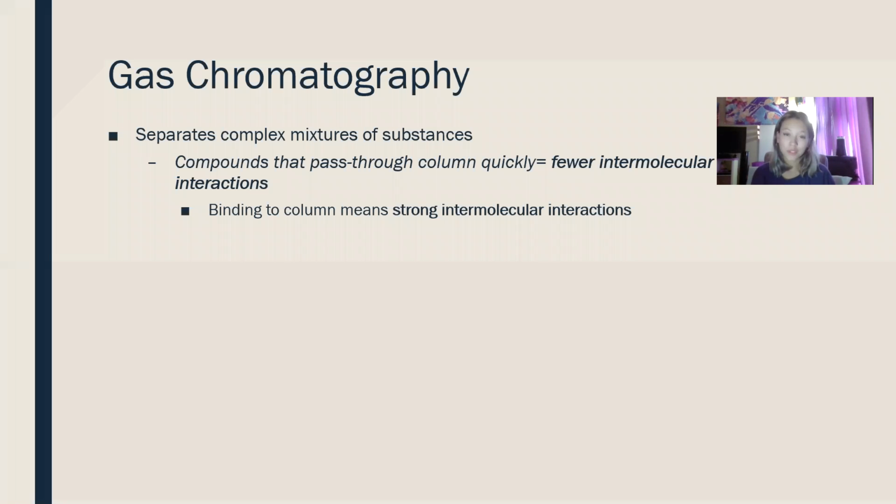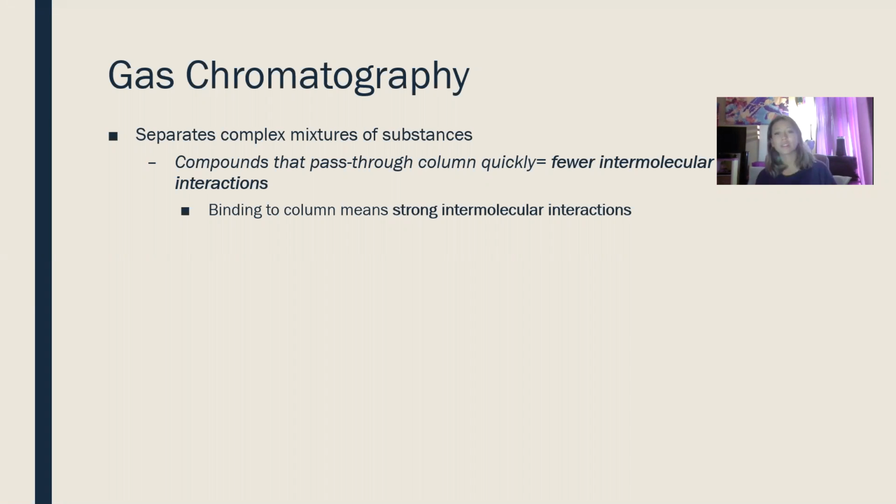So gas chromatography just separates complex mixtures of substances. It's a way for us to separate polar and nonpolar compounds, not items. Whenever we're going through gas chromatography, compounds that pass through the column very quickly will have fewer intermolecular interactions.